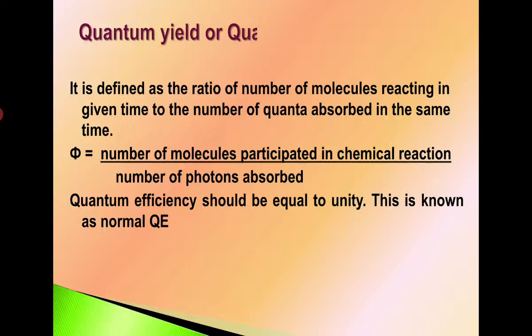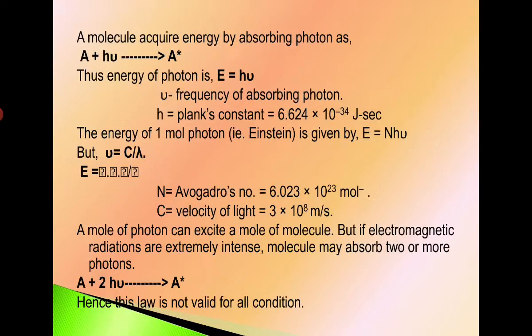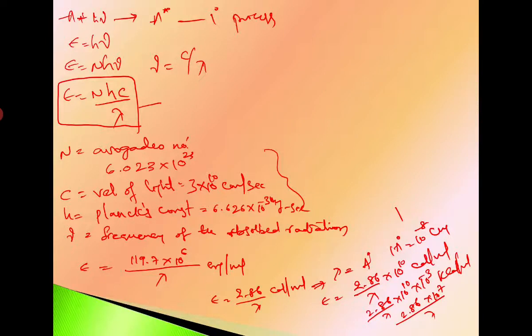In this session we have discussed the basics or introduction: what electromagnetic radiations are, how the molecules absorb radiations, and what happens after the absorption of radiation. And we have seen the difference between thermal processes and photochemical processes. Next, we have seen why UV and visible radiations are effective in producing photochemical changes.